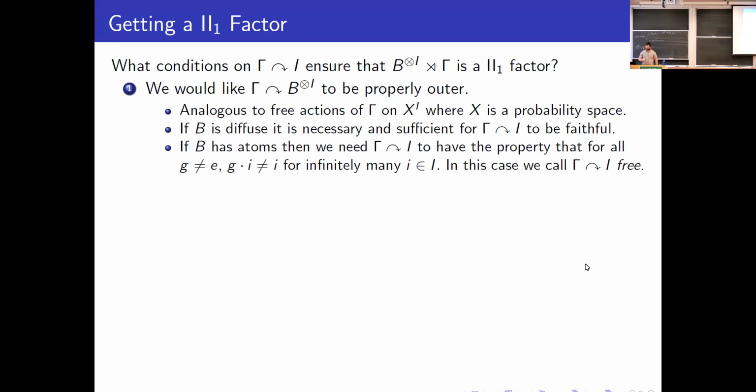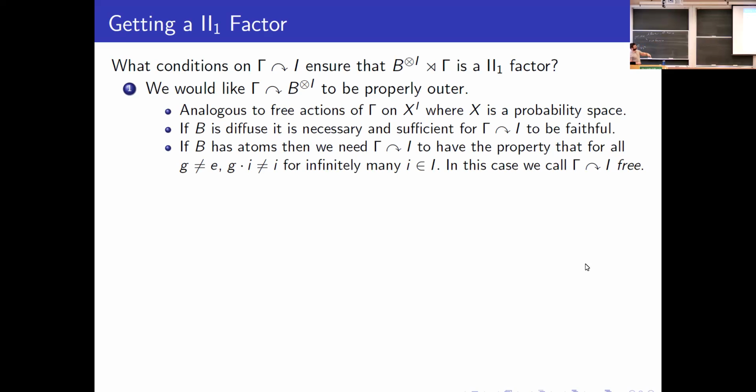So if B is diffuse, so if it has no atoms, then all you need is for the action to be faithful. If B has atoms, then you have to be a little bit more careful. You actually need each non-trivial group element to move infinitely many indices, which I call free in my paper, which I think a lot of people got upset because it's not exactly what free usually means. But it's called free because that property on the index set guarantees freeness on the Bernoulli action.